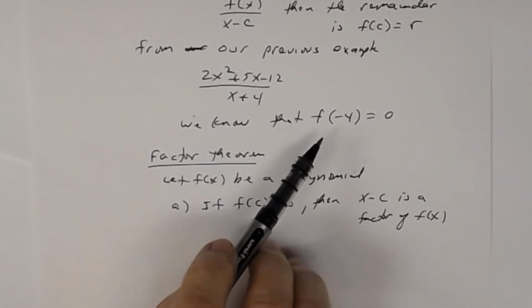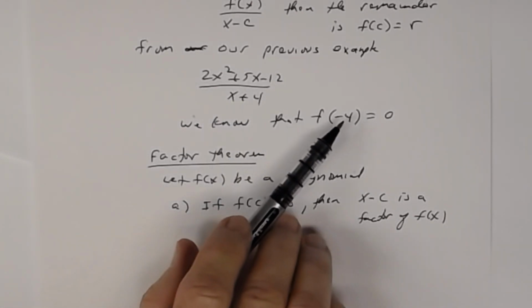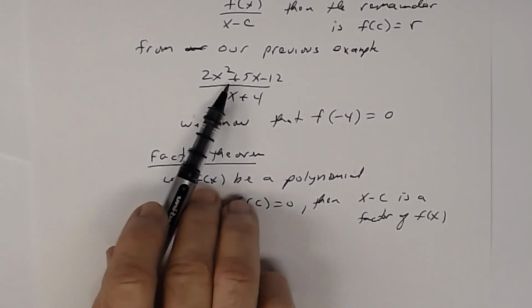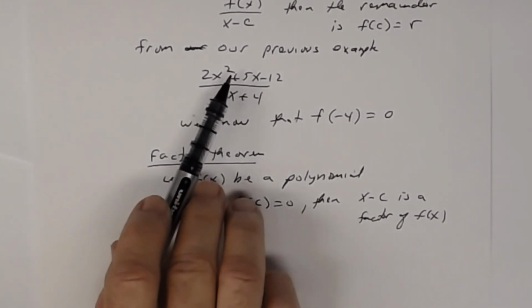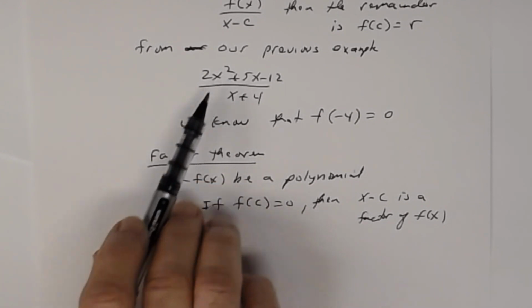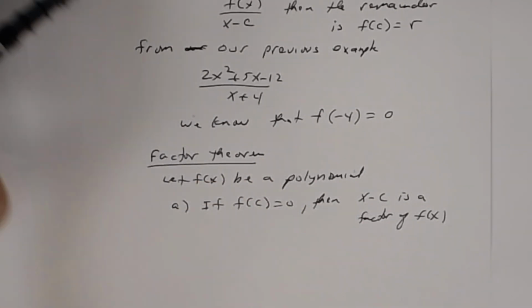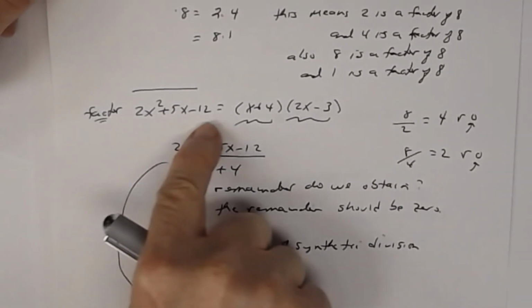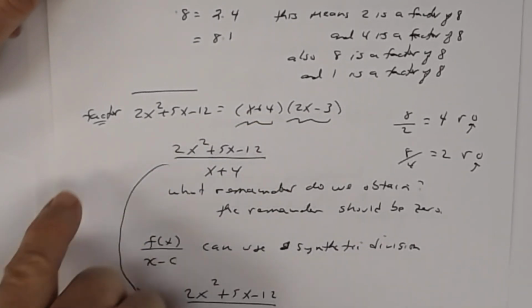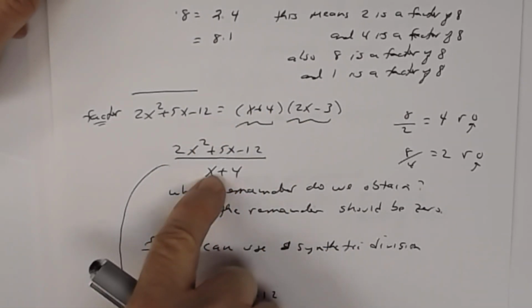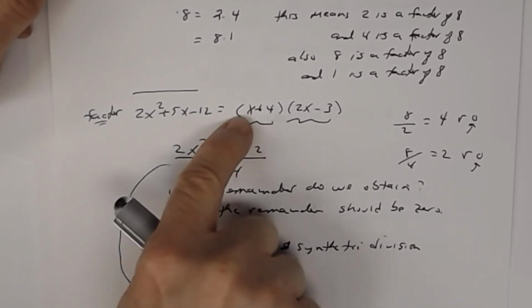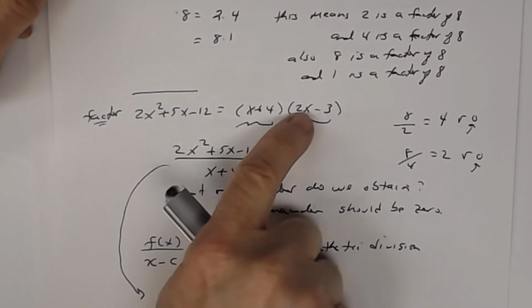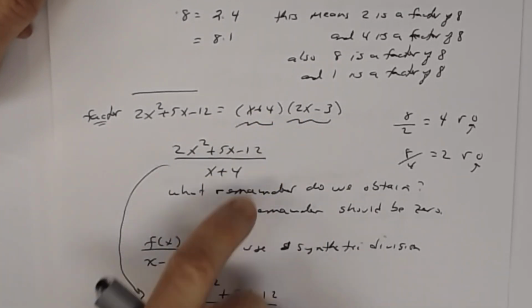And that's what we saw. Since f of negative 4 is equal to 0, then x plus 4 is a factor of 2x squared plus 5x minus 12. And we know that's true because at the beginning we had factored this polynomial, and these are our two factors. Now I can use synthetic division on this one, but I cannot use it on this one because that coefficient is not 1.